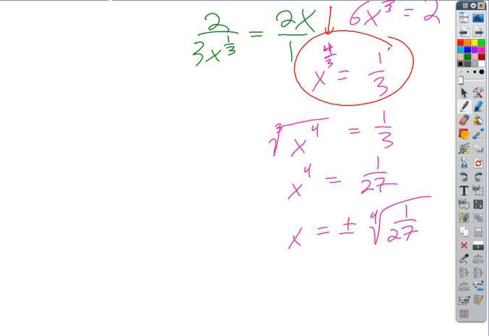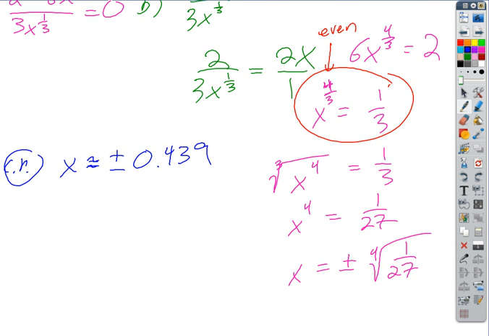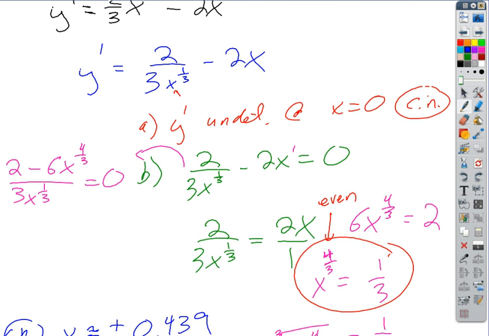Now let's collect all those into a table. So we got these, and we got this guy, 0, right? So far, if we're building a table, just keep track of this. We got our x's, so we had at x equals 0, an undefined first derivative.